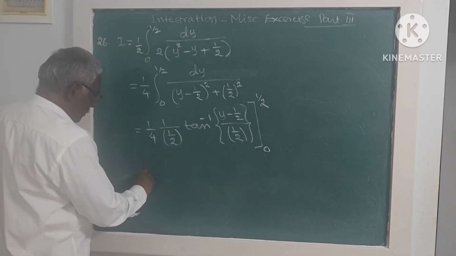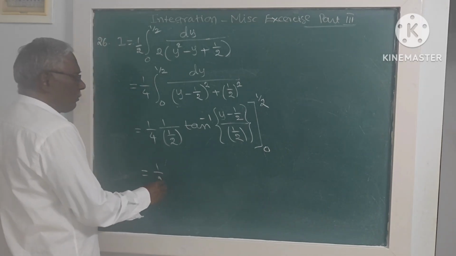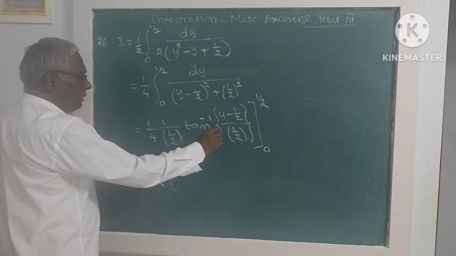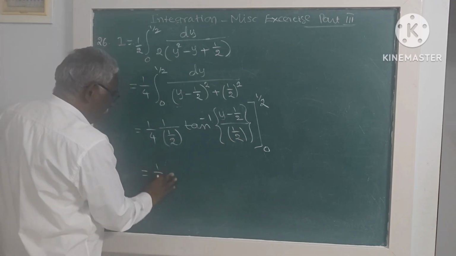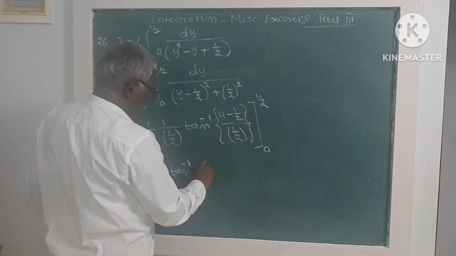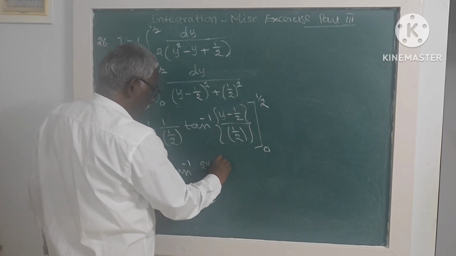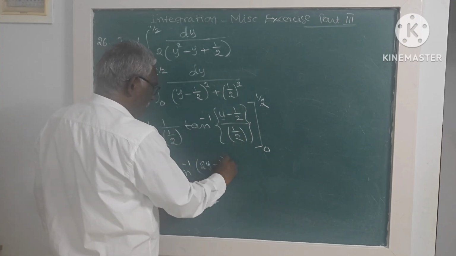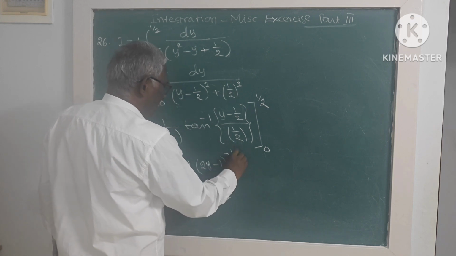This becomes 1 by 2 times. Now we'll simplify this further: tan inverse of 2y minus 1 by 2, by 1 by 2. So this, 0 to half now.